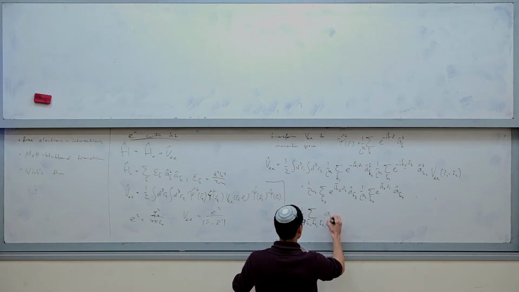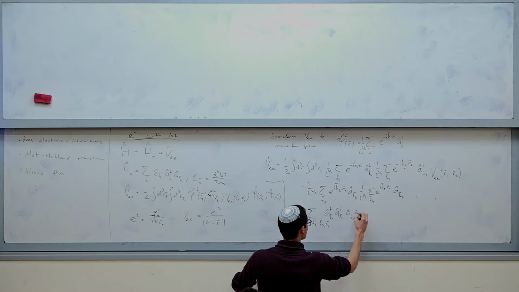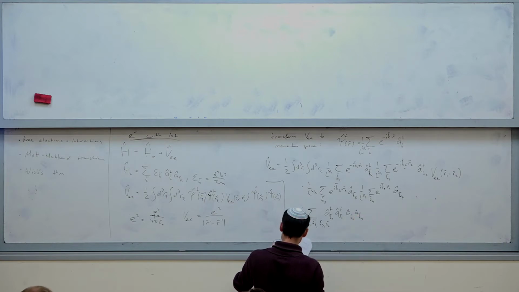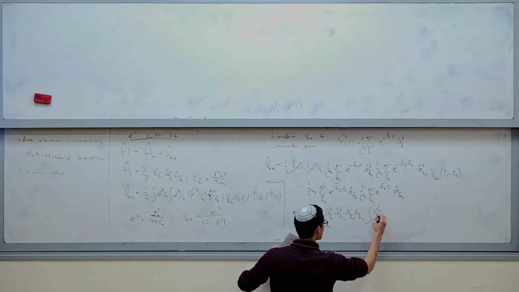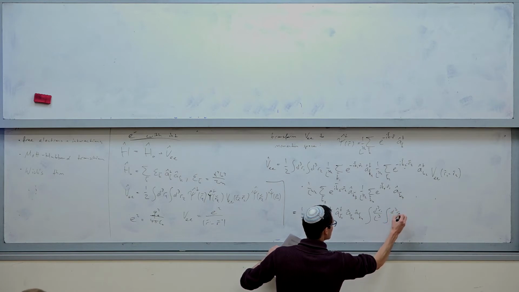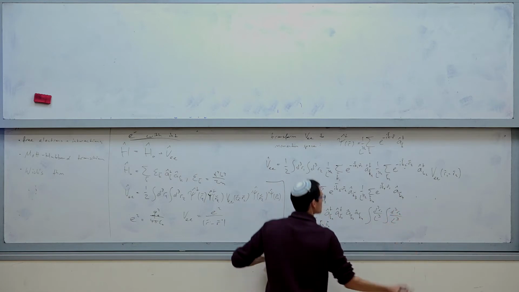So we have a K1 dagger, a K2 dagger, a K3, and a K4. And then there's an integral d3r1 over L to the 3rd, and integral d3r2 over L to the 3rd.